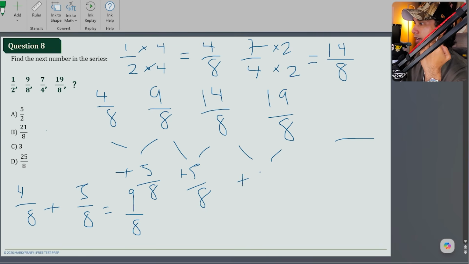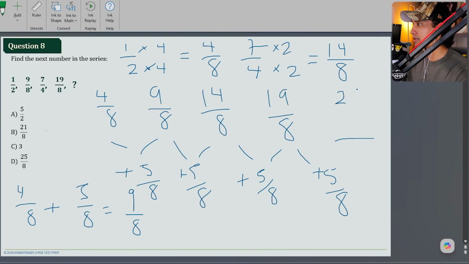And then again, plus 5/8. 14/8 plus 5/8 equals 19/8. And then we're going to add by 5/8. And that's going to give us 24, right? 19 plus 5 is 24 over 8.